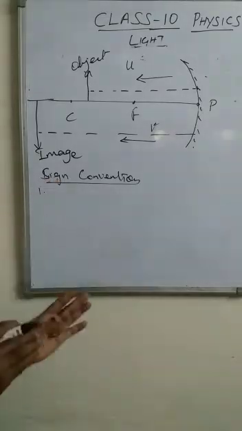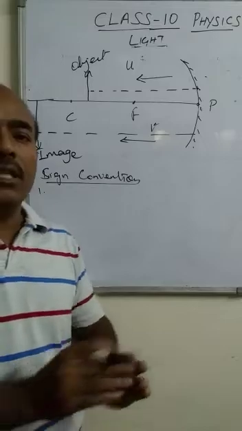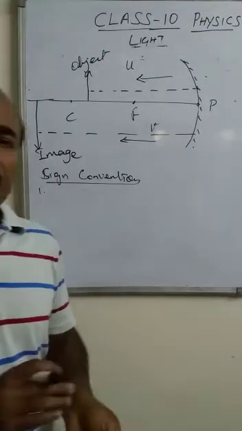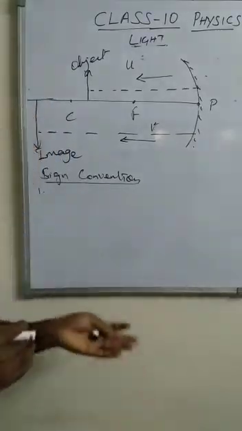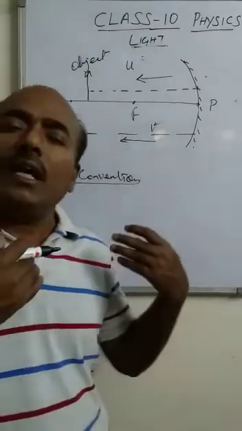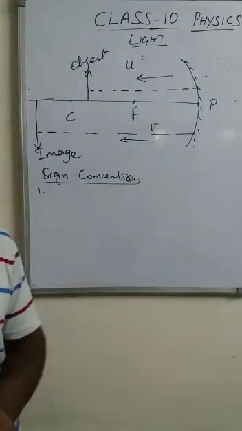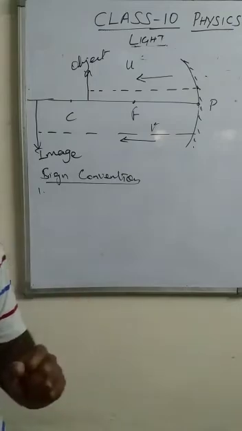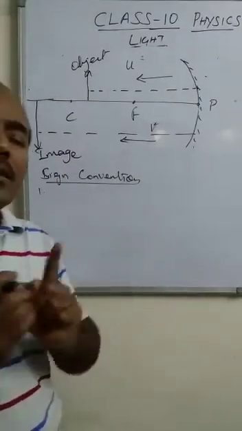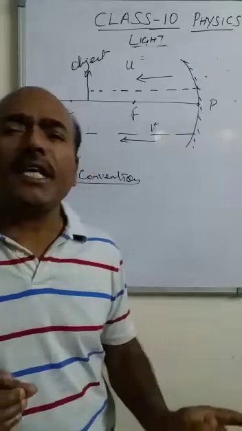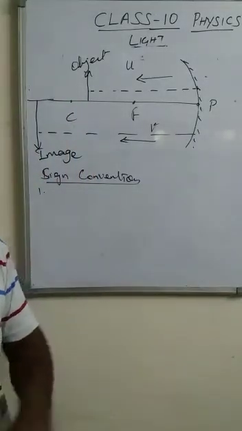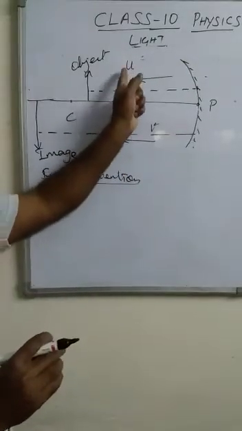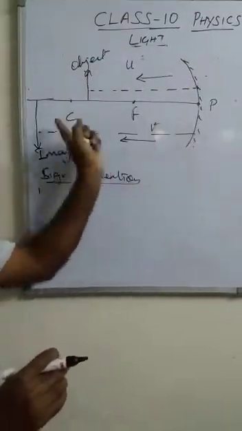If you use this symbol, it is understood. But you can say that I don't like these symbols, I am going to give another kind of symbol. In that case, that symbol's meaning must be mentioned below. If you are using these symbols, there is no need of mentioning what is U, what is V, because it is used in physics. That's why we take object distance U, image distance V.